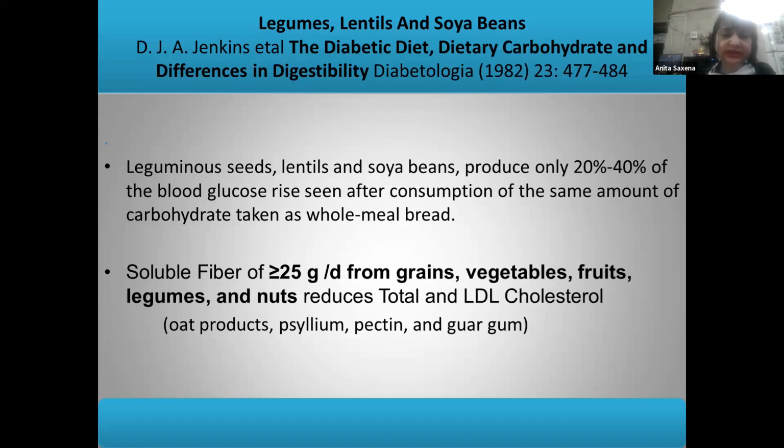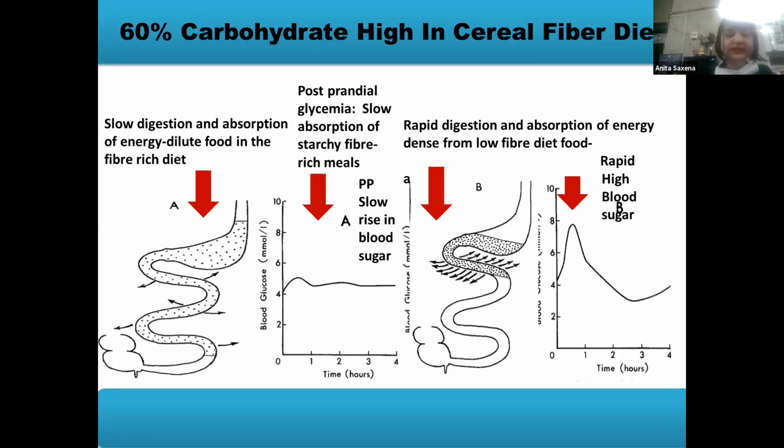So leguminous seeds, lentils, and soybean produce only 22% to 40% of the blood glucose rise seen after consumption of the same amount of carbohydrate taken as whole meal bread. Soluble fiber of more than 25 grams from grains, vegetables, fruits, legumes, and nuts reduces total and LDL cholesterol. If you have a look at this picture here, this is showing you slow digestion and absorption of energy dilute food in the fiber-rich diet, and consequently, the postprandial rise in blood glucose is slow.